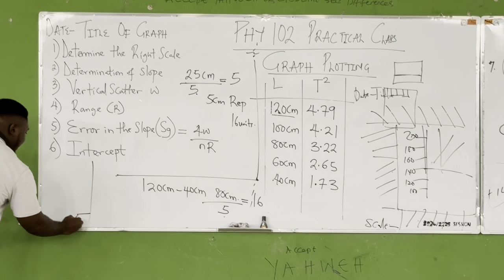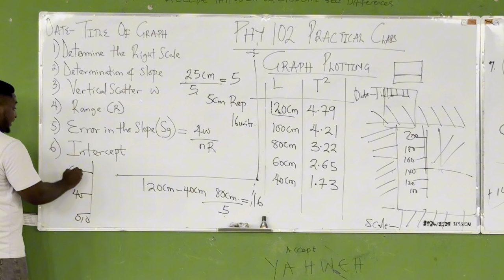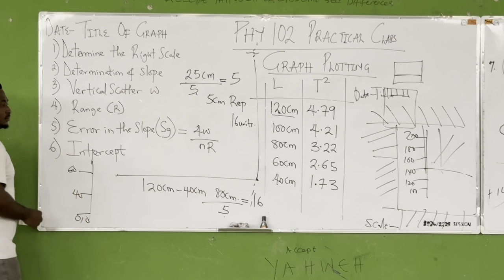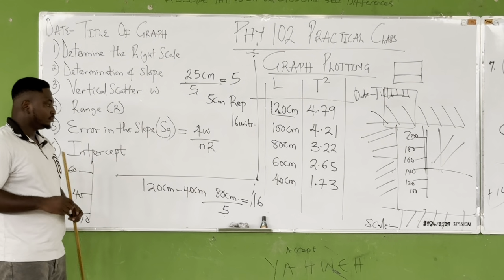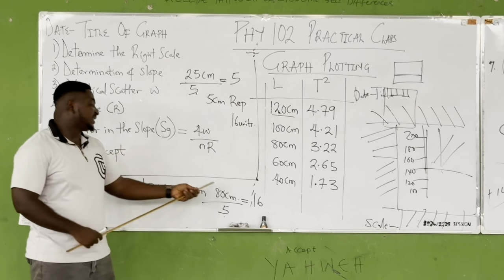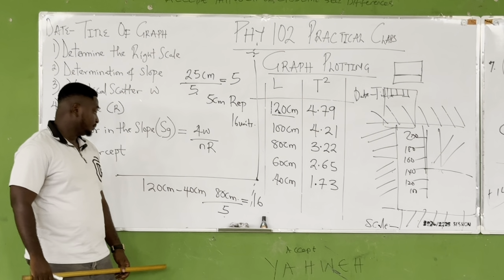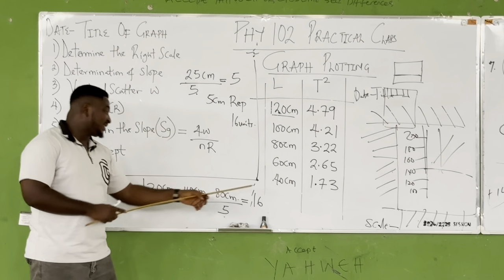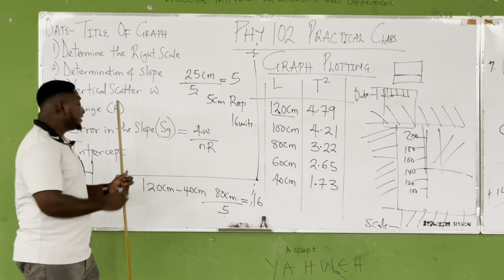If this is your graph now, this is 0. The next one will be 40, the next one 60, and so on. So 120 minus 40 is 80. 80 divided by 5 is 16. So class, this is 16 units.